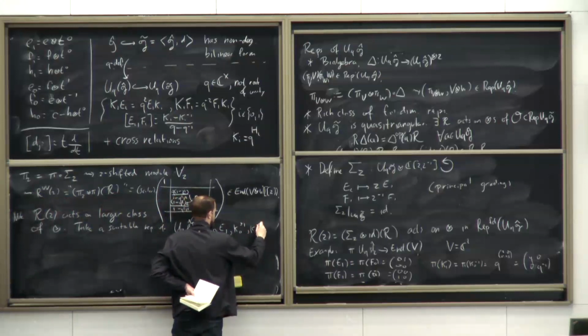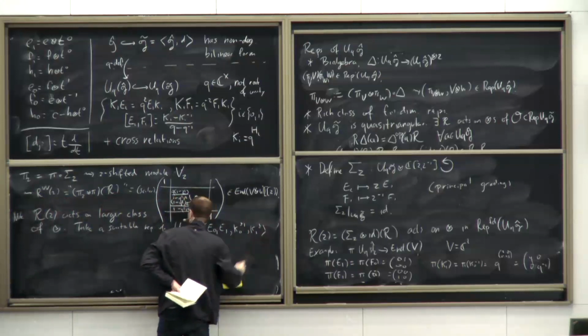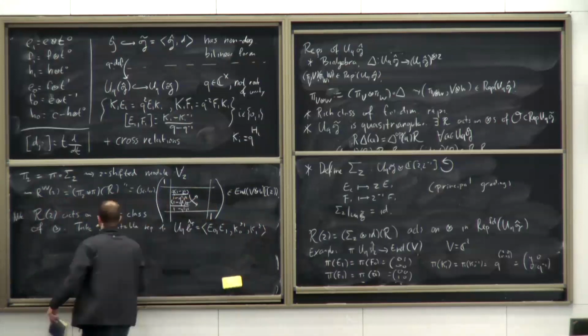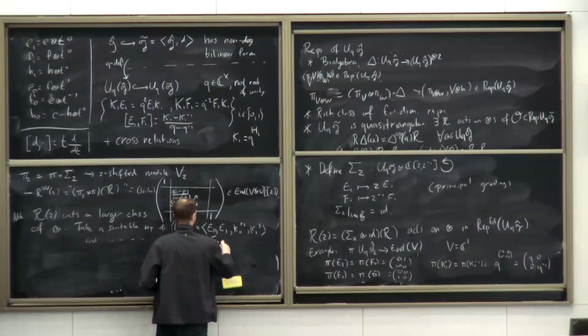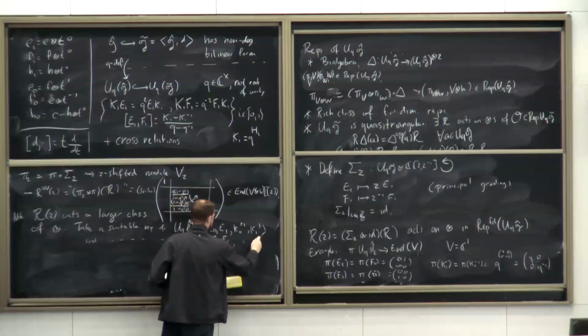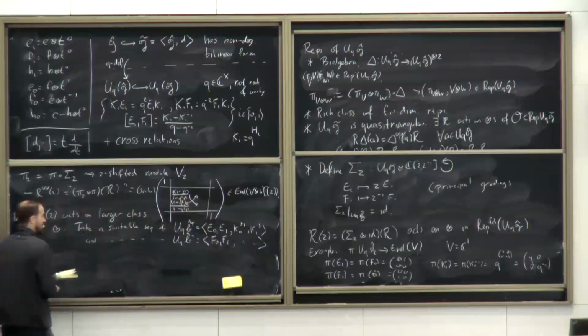And you can also take a representation of its opposite, which has E replaced by F. And then still you have a well-defined action as power series.